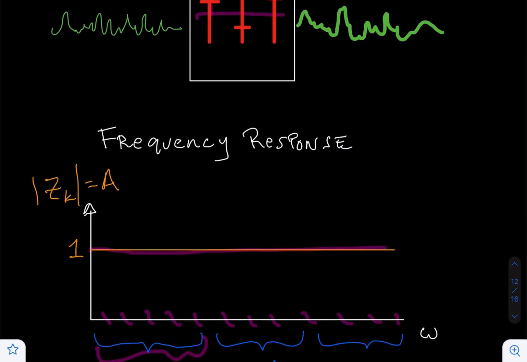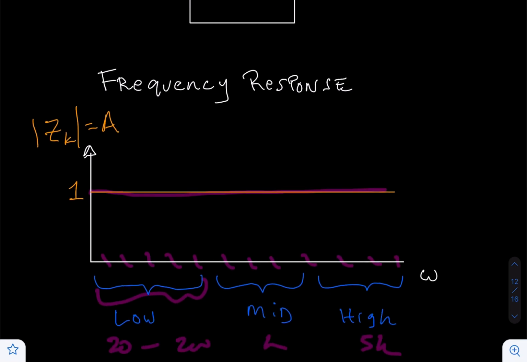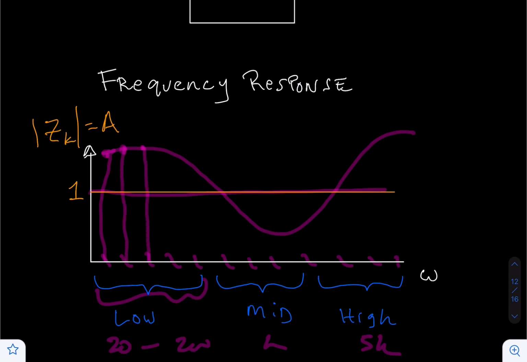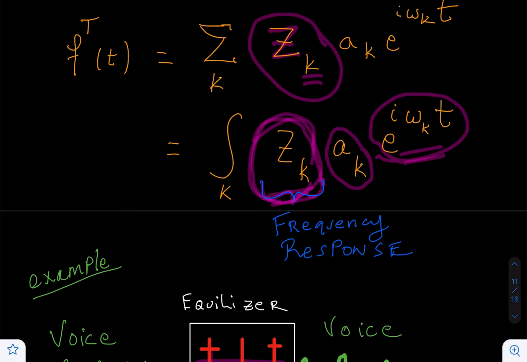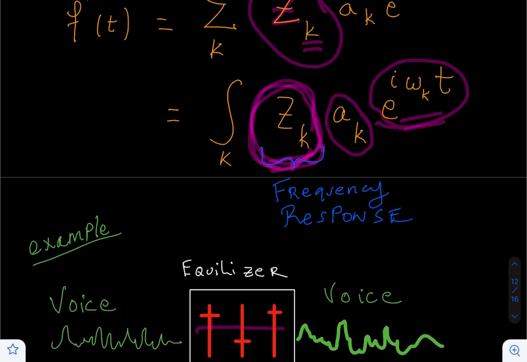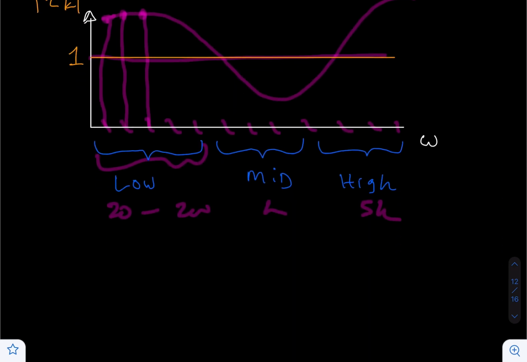If you boost up the bass, reduce the treble, you may end up with a frequency response that looks like this, right? But keep in mind that this amplitude right here, and this one, and this one, are those Z_k's. They're eigenvalues of different tones. Okay. All right. So far, so good.